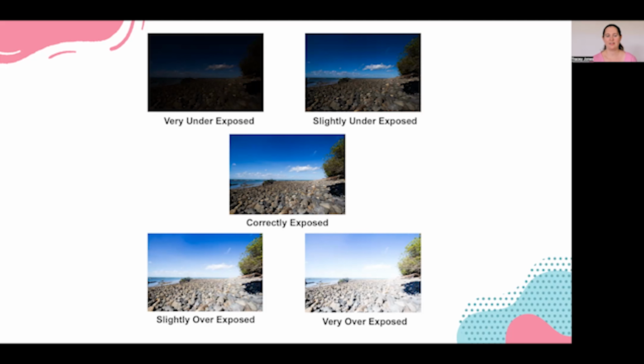Everything's starting to get a little bit bright, a little bit blown out. And then if you have a look at the very overexposed image, you can barely see those clouds anymore, and the sky has kind of gone from a nice blue color to almost white in places. So again, losing a lot of detail in that image.